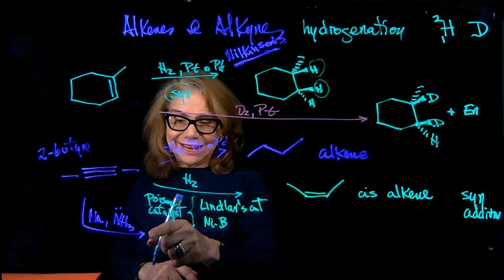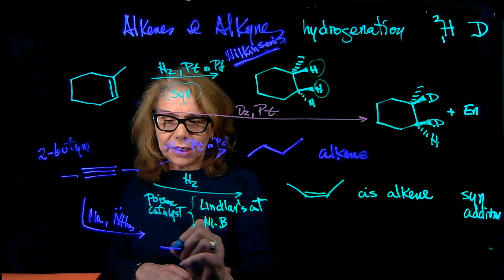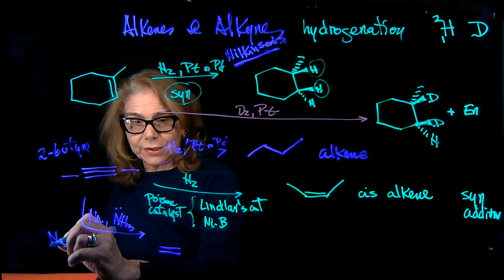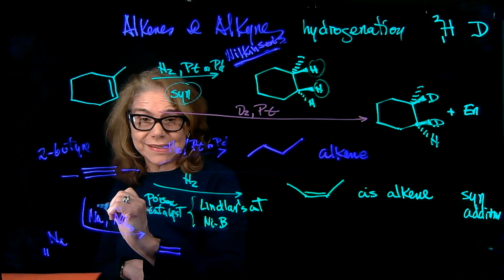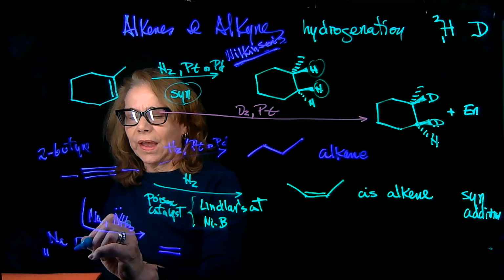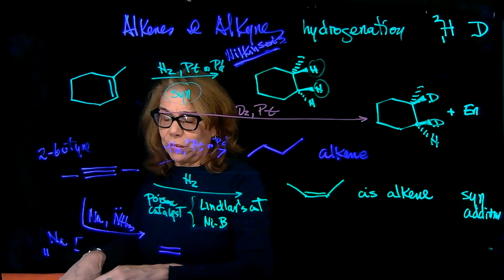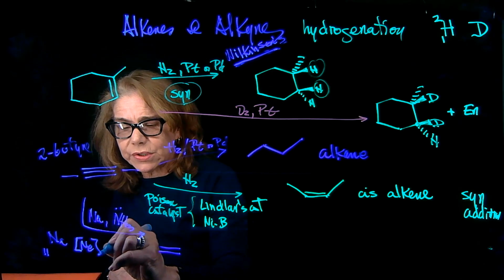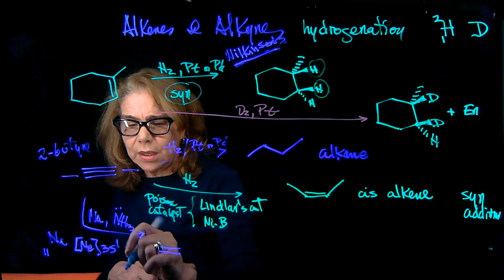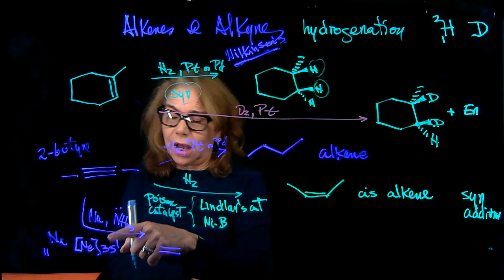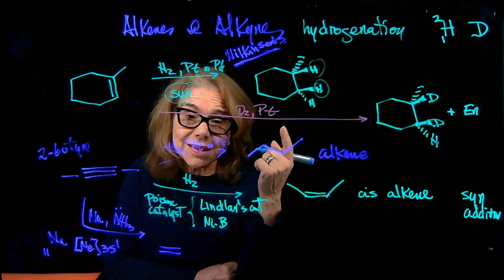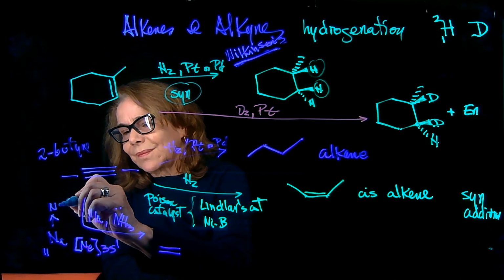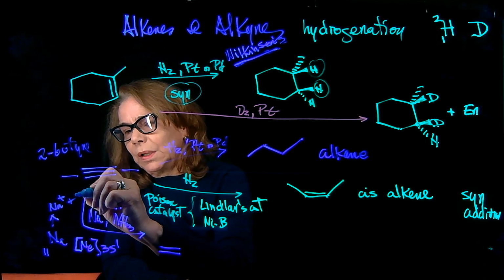But the idea is that it goes through an intermediate. Sodium transfers 1 electron. Sodium, the atomic number is 11, so the electronic configuration of sodium is a neon core and then 3s1. So sodium is capable of oxidizing. It oxidizes easily to sodium plus 1 electron.